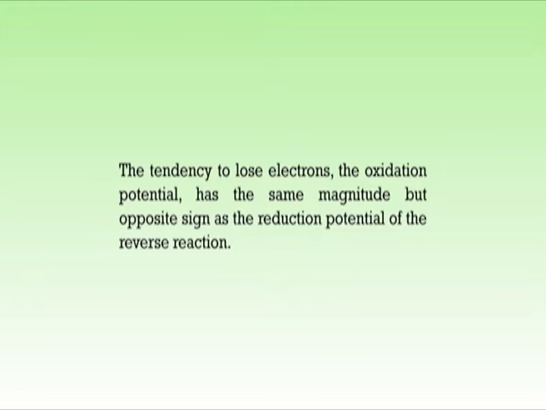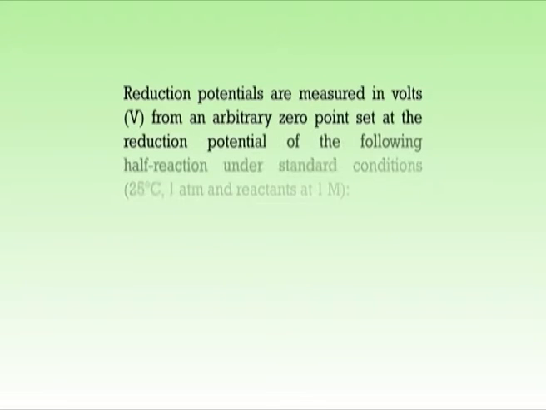So, reduction potentials are measured in volts, V, from an arbitrary 0 point set at the reduction potential of the following half reaction under standard conditions, which is 25 degrees Celsius, 1 atmosphere pressure, and reactants at 1 molar.